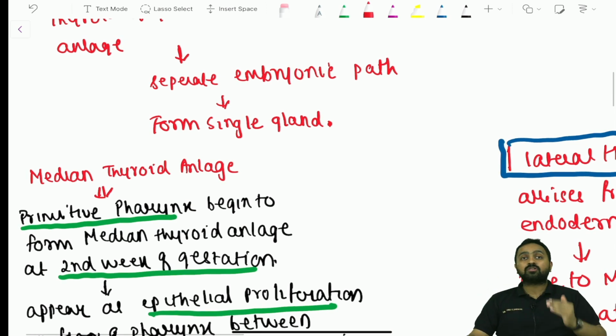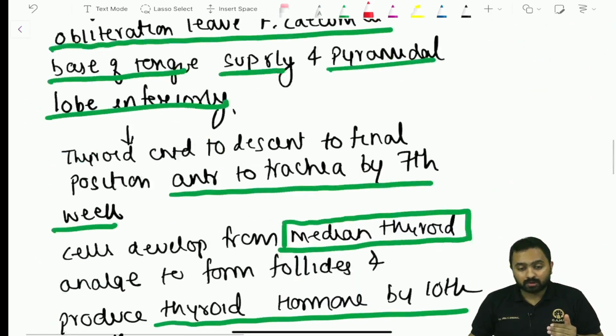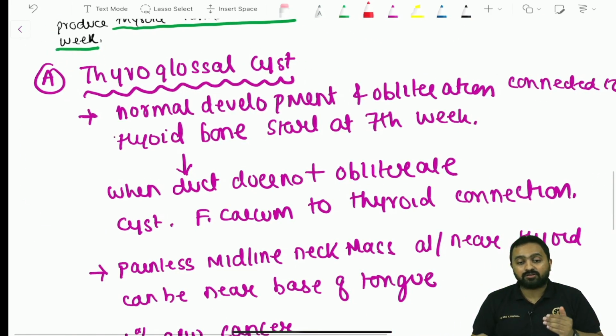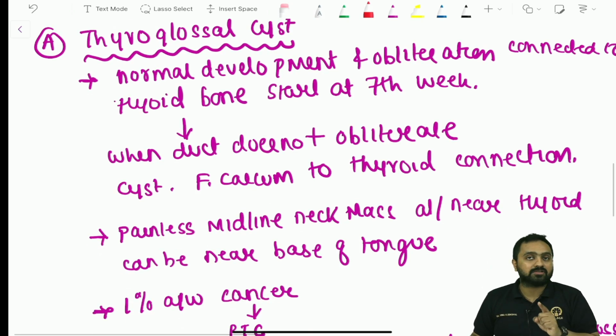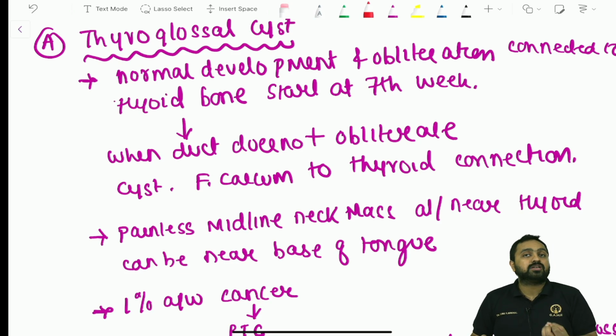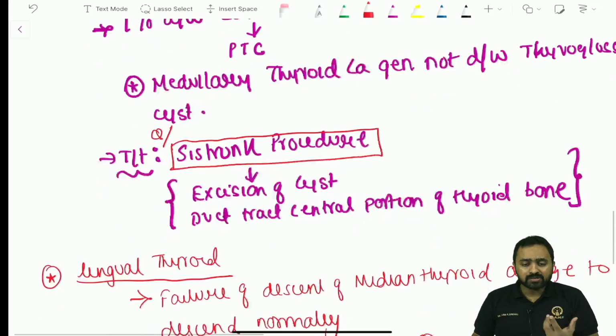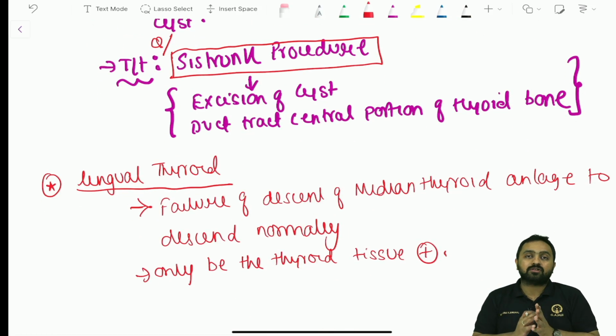Then the thyroglossal cyst, where the duct does not obliterate and there is a persistent connection between the foramen cecum and the thyroid, presents as a midline neck mass, with a 1% chance of cancer. The most common cancer is papillary thyroid carcinoma. The cancer that is not found is medullary thyroid carcinoma, and the treatment is the Sistrunk procedure. And your lingual thyroid is the failure of the median thyroid anlage to descend normally. So these were a few important points with respect to your embryology and thyroglossal cyst.